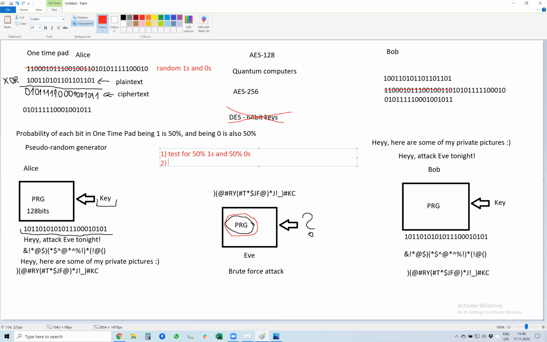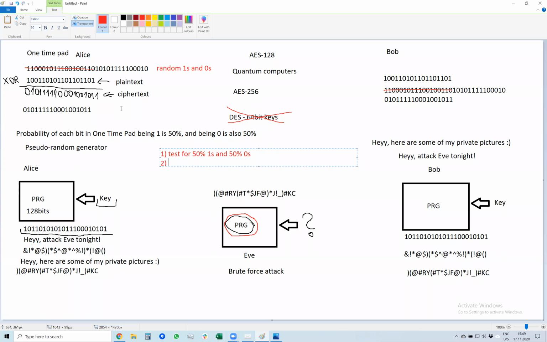Actually, if we think from the opposite side, what is the probability that ones and zeros change that rapidly in random situations? So actually, these tests start to run in the following way.